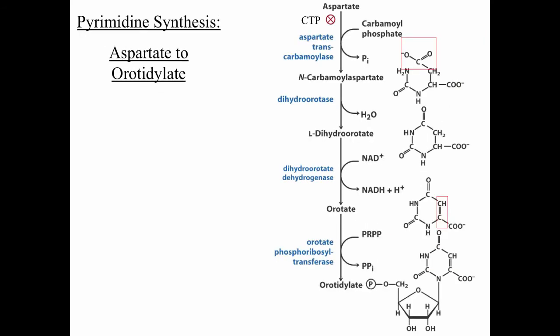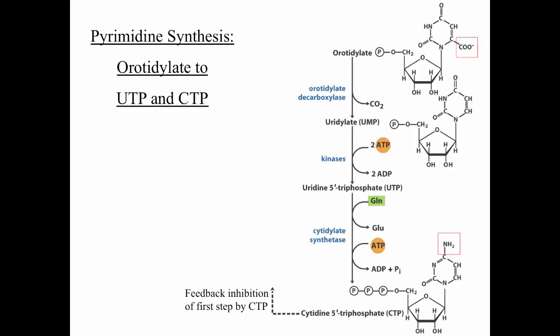Okay, and then once you make this intermediate through other reactions, you make UMP, and then through another reaction, you make CTP. So CTP is made from UTP. Now, what you need to know is that CTP is one of the end products of the pyrimidine biosynthetic pathway, and this product is actually going to feedback and inhibit the first step of the reaction.